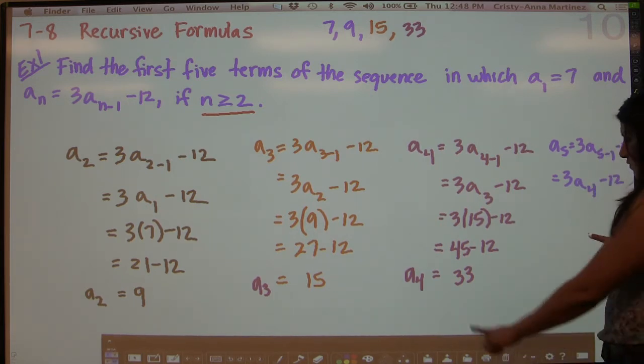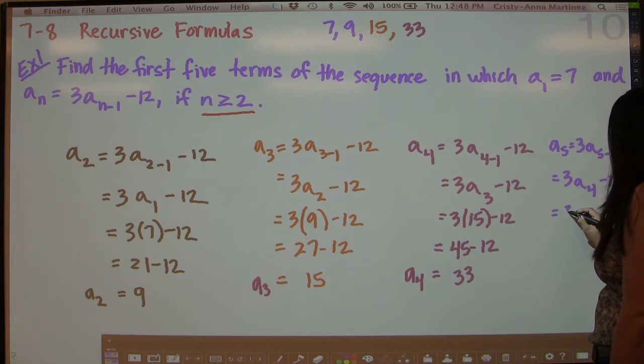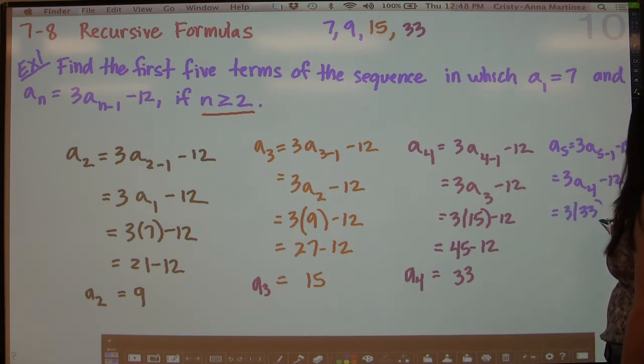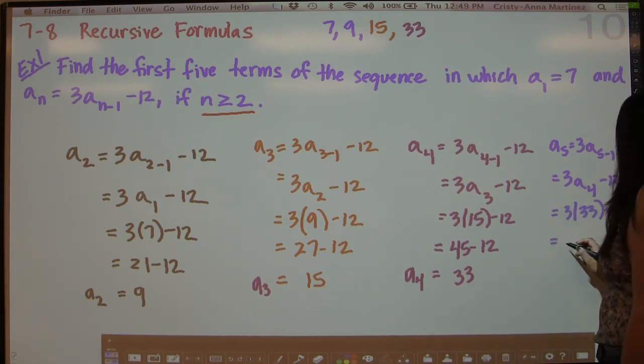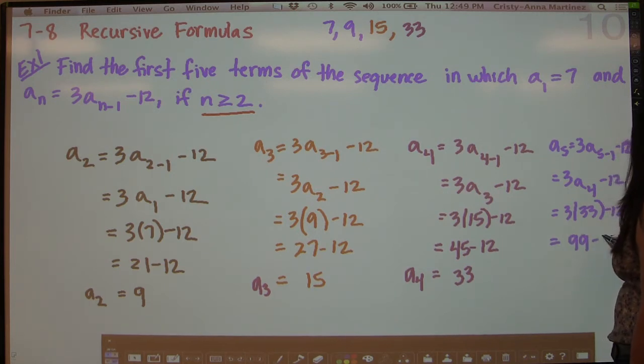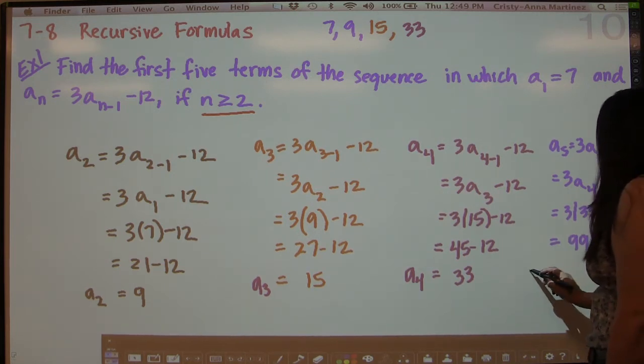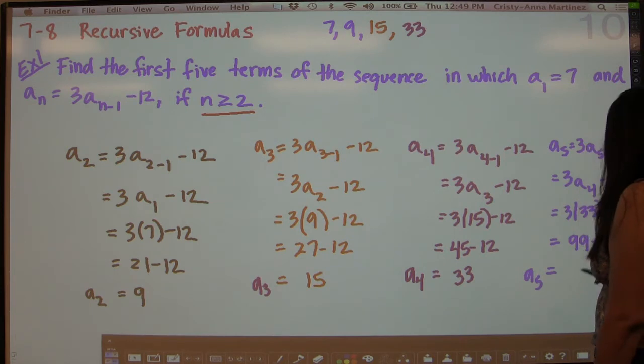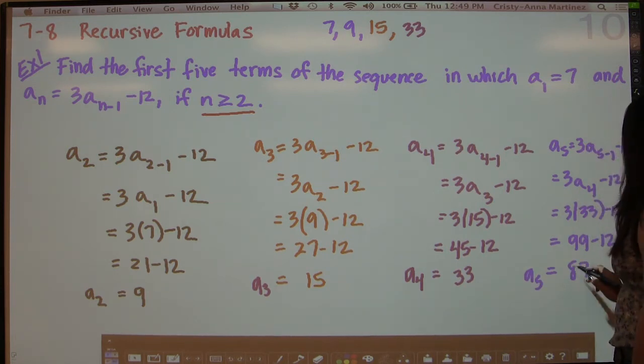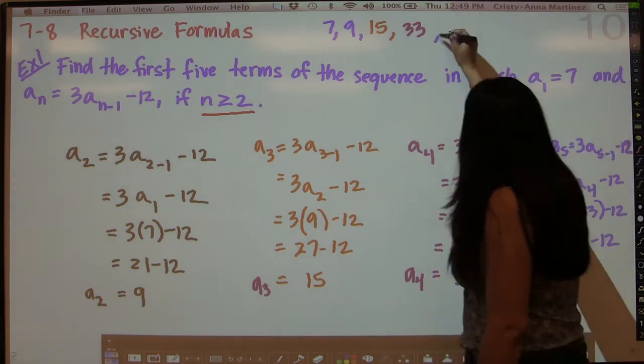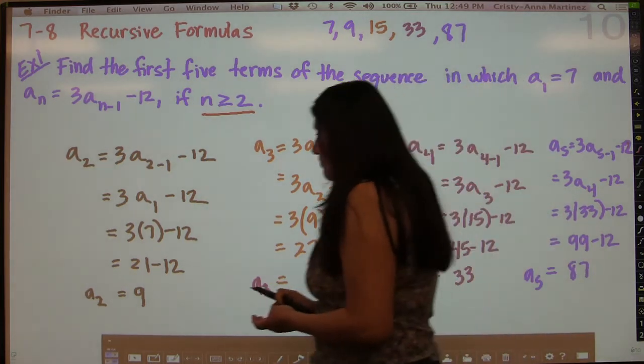And again, a sub 4 was 33. So that's going to give us 99 minus 12. And then a sub 5 is going to be 87. And so we'll put our last term up there as 87.